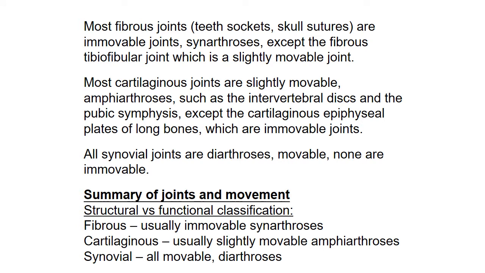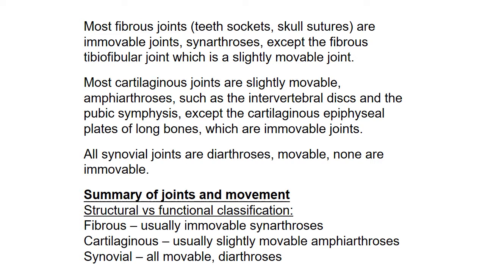So most fibrous joints, the teeth sockets and skull sutures, are immovable joints, which is a synarthrosis. Except for one example of a fibrous joint, the distal tibiofibular joint, which is slightly movable. Most cartilaginous joints are slightly movable.